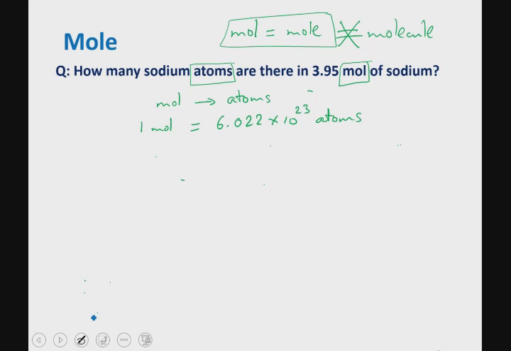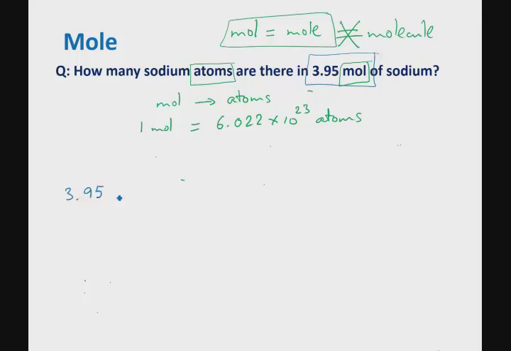Now, I will remind you of the problems that we solved in chapter 3 when we did dimensional analysis, the whole idea of converting one unit into another. That's the same kind of problem solving strategy that I will use, wherein I will start with what's given. In other words, what is being asked to be converted.